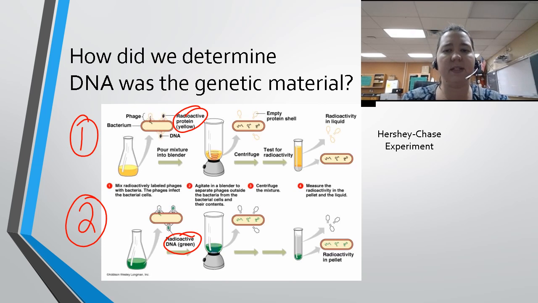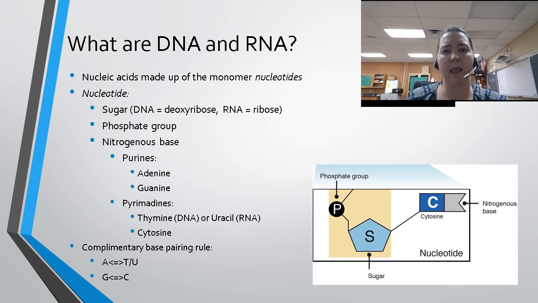So through the course of this experiment, in here, the radioactivity didn't get transmitted into the new cells. So it stayed in the liquid, whereas here the radioactivity did get transferred into the new cells. And so that basically showed us that DNA is the genetic material. And we've had many experiments since then that have helped back this up.